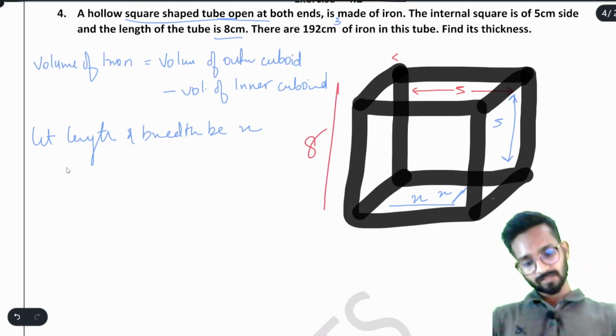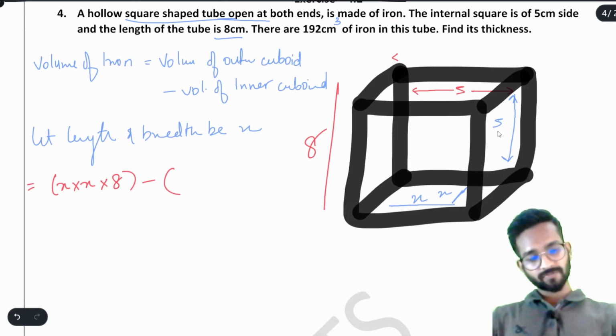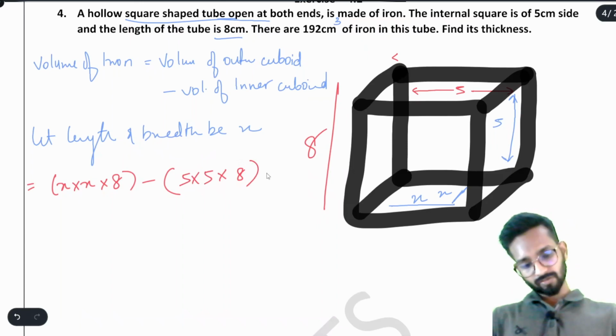So you can say volume of outer cuboid will be x multiplied by x, length, breadth and height, minus, for inner cuboid, 5 cross 5 cross 8. That is already given is equal to 192. That is the volume of iron.